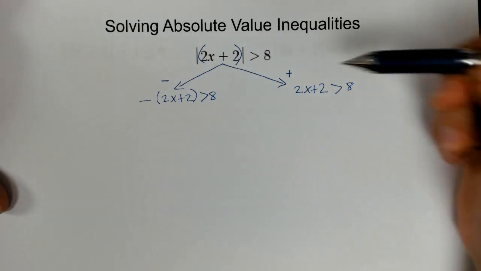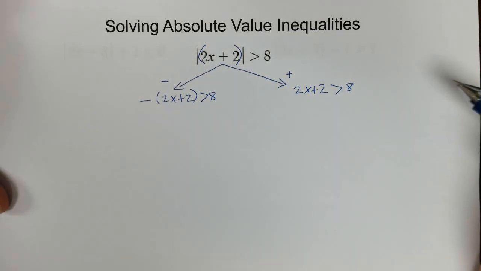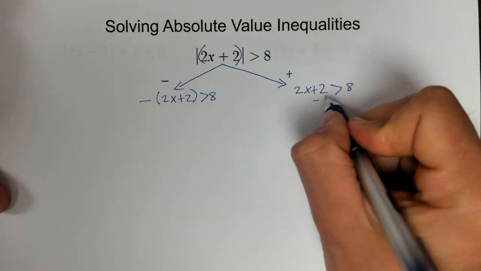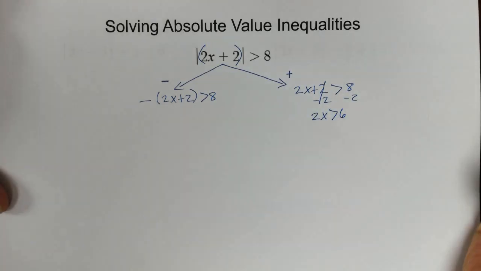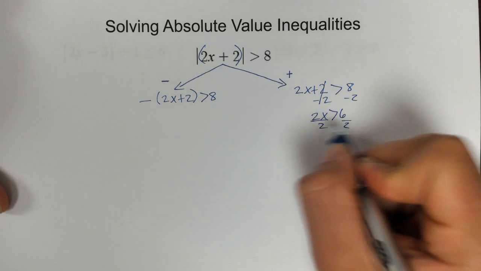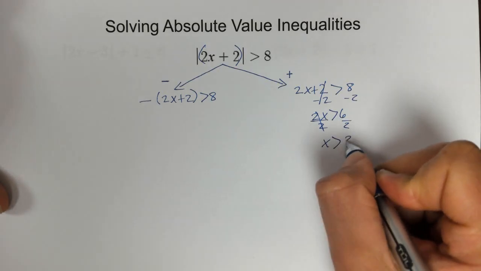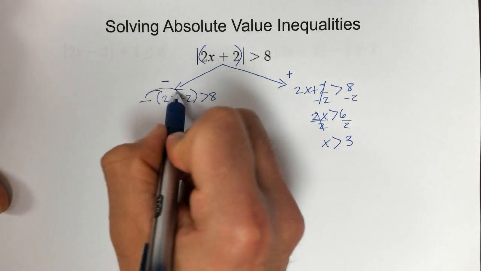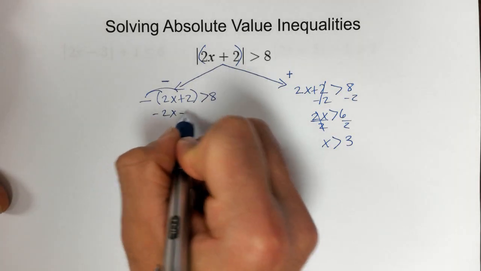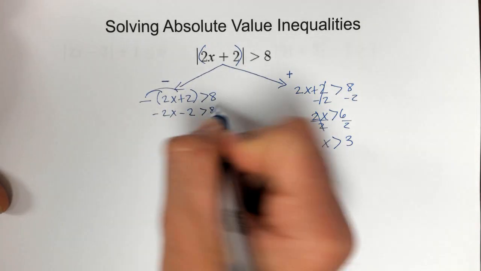The graph will have two sides, the positive and the negative. So let's solve this as it is, right? We subtract 2 on both sides. 2x is greater than 6. We divide both by 2. X is greater than 3. Now over here, when I distribute the negative, I get negative 2x minus 2 greater than 8.